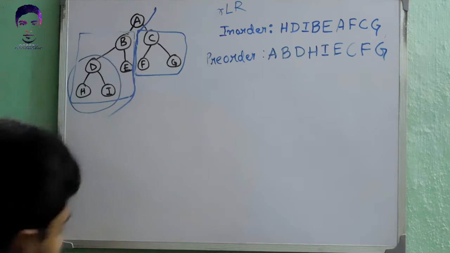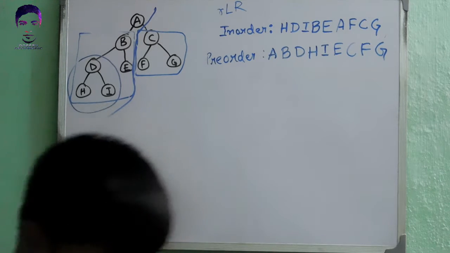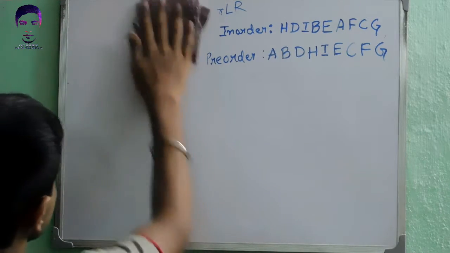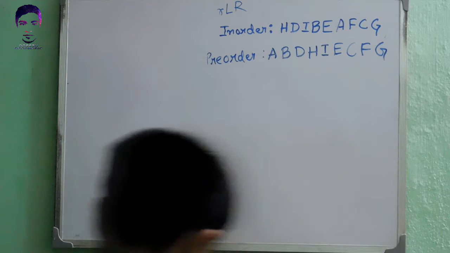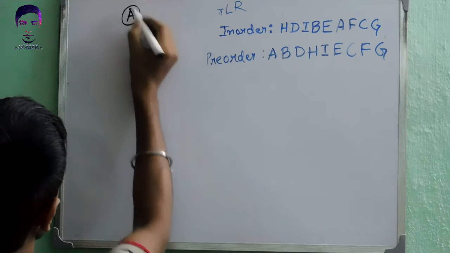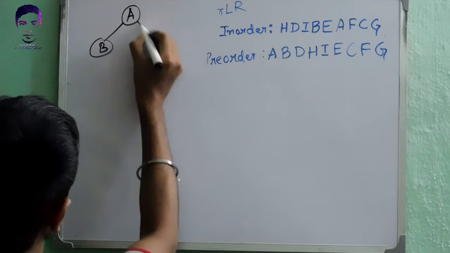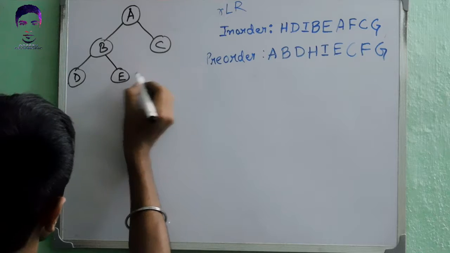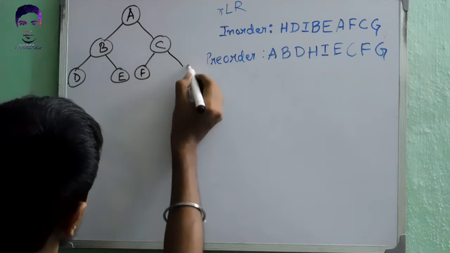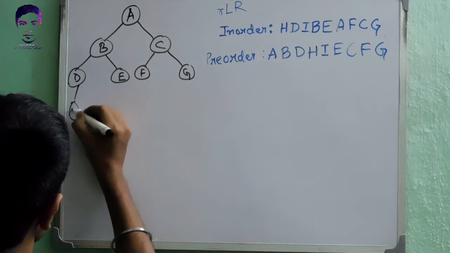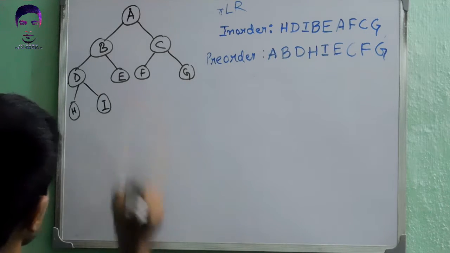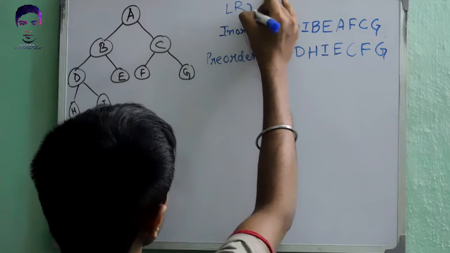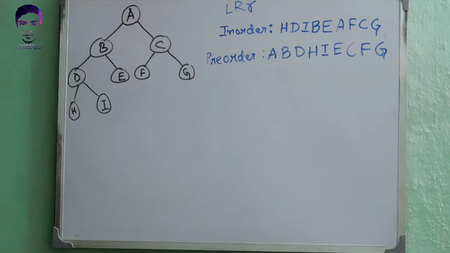Now let's come to the postorder one. For this again we have to draw the tree. So A, B, C, D, E, F, G, H and I. Now for postorder, we know the rule is left, right and then root.